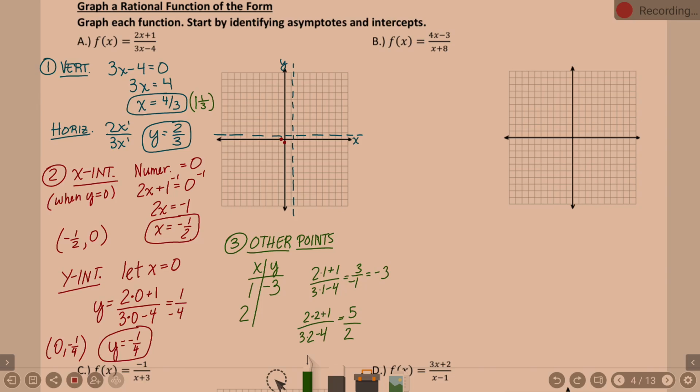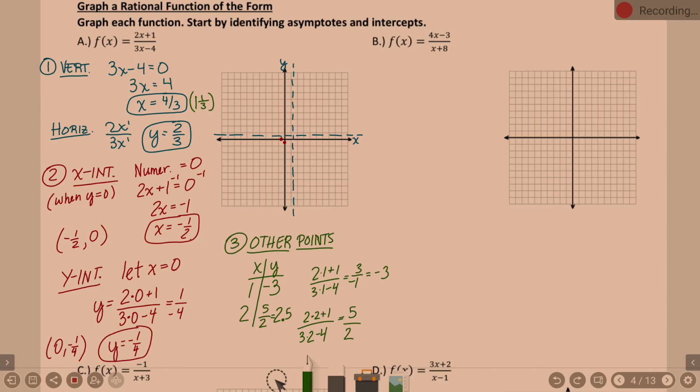I personally like 5 halves. What is 5 halves? 2.5. I could say 5 halves here, but if you don't like 5 halves, could you say 2.5? Does your brain work better that way?